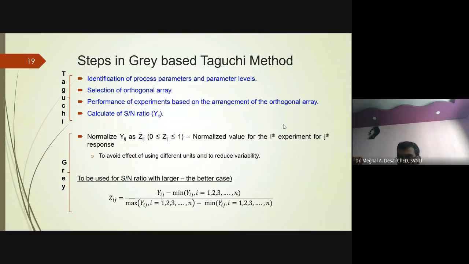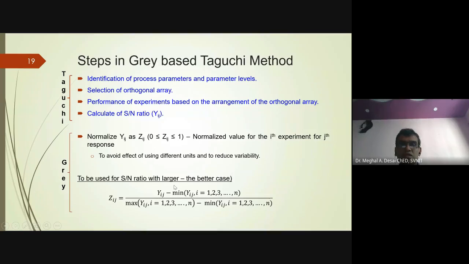Now this desired range is nothing but 0 to 1. The normalization is done to avoid the effect of different units and reduce the variability. So your variation will now be from 0 to 1. The minimum response value will be 0 and the maximum will be 1. Again, for different cases, different equations are there.